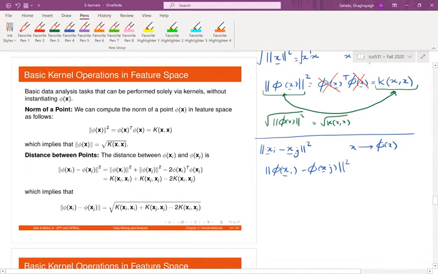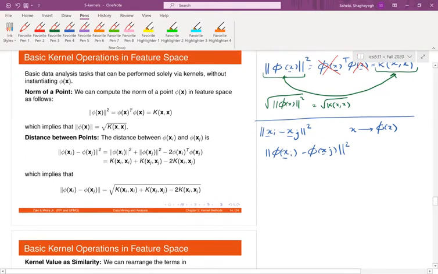squared, right? Now, let's see if we can rewrite this in terms of our kernel matrix and see if we can just use the kernel matrix to calculate this distance. So what is the value of this? This is equal to phi of xi minus phi of xj, transpose, phi of xi minus phi of xj.